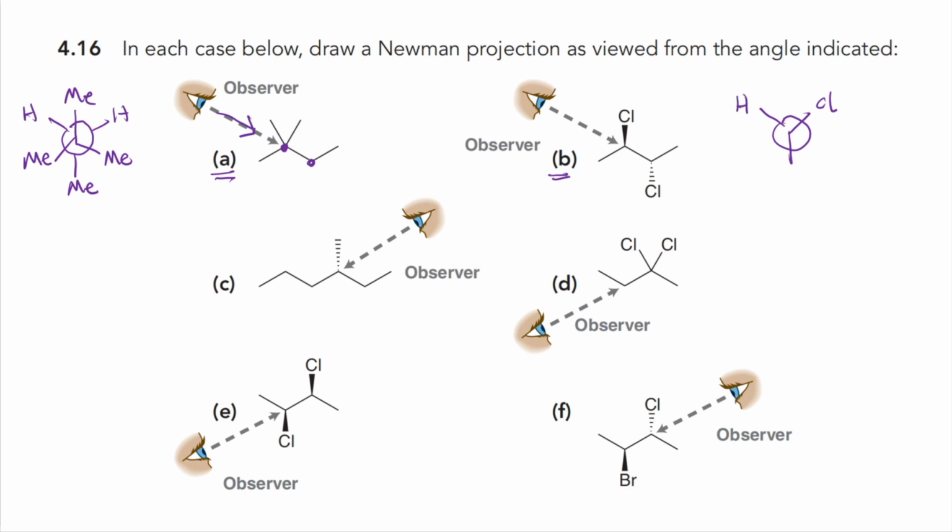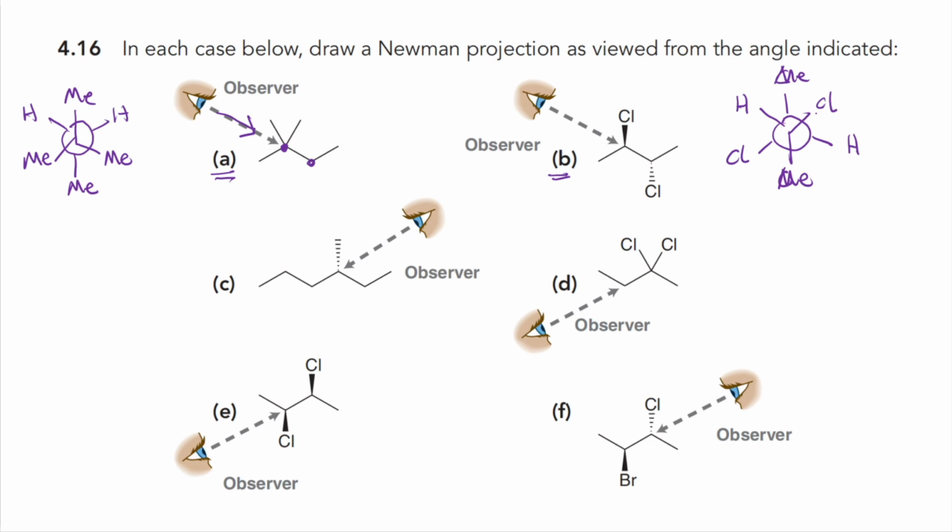And we have a hydrogen here, a carbon here, and then this will be the chlorine because it's pointing into the screen. We're looking from this side, so it's on the left. And then the carbon will be here. The carbon is a Me, methyl group, and the hydrogen will be here.